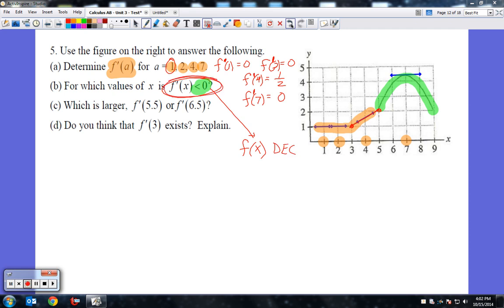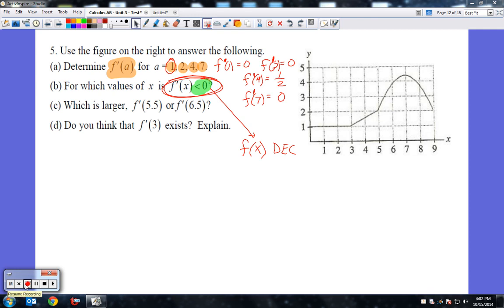Because the derivative was negative, the original function f of x is going to be decreasing on that interval. So looking at this, we're going to see when it's basically decreasing. So let me go ahead and come over here, and I'm going to look at when is the function decreasing.